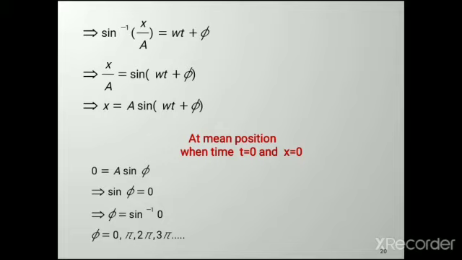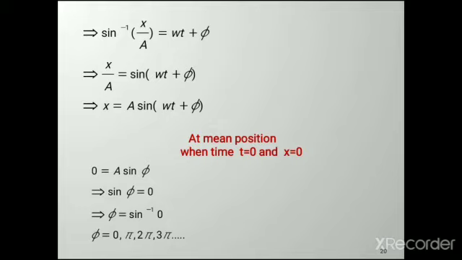Here phi is again a constant. So by shifting sine inverse to the other side, we will get x upon a is equal to sine omega t plus phi, and hence x is equal to a sine omega t plus phi. So this is the value of displacement. X is equal to a sine omega t plus phi.